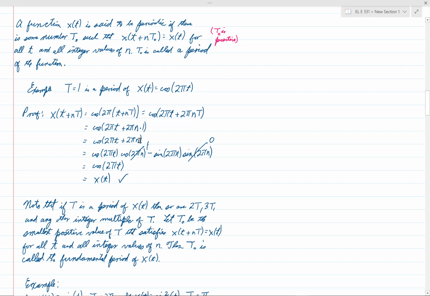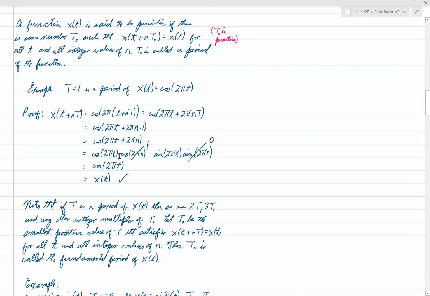And now if we use the cosine of a sum formula, remember that says that the cosine of a plus b is cosine a cosine b minus sine a sine b. So here we have cosine of 2 pi t cosine of 2 pi n minus sine of 2 pi t sine of 2 pi n. Well, you might remember from your trigonometry that the sine of any integer multiple of 2 pi is 0, and the cosine of any integer multiple of 2 pi is 1.